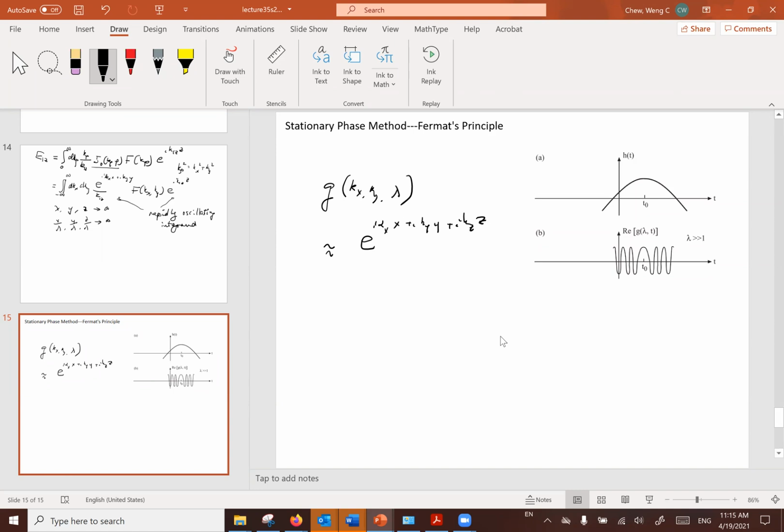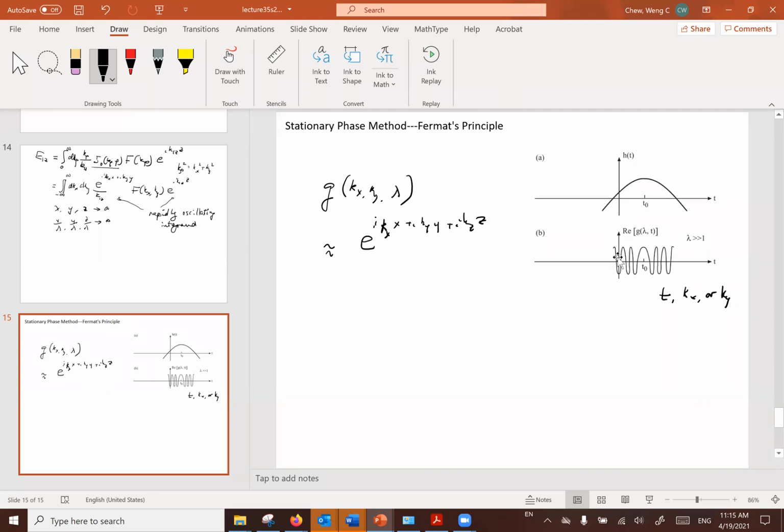Let me write it properly. It is going to be a rapidly varying function of kx, ky, kz, t. T can represent kx or ky. So if I were to plot this function as a function of t, where t can be kx or ky, then this function will be rapidly varying.